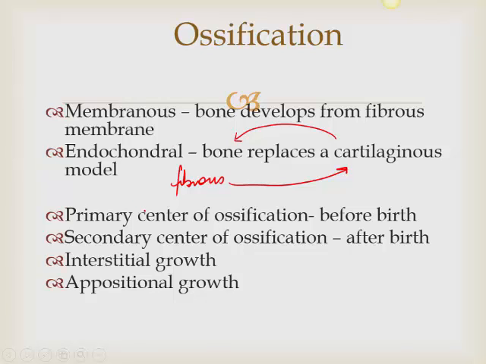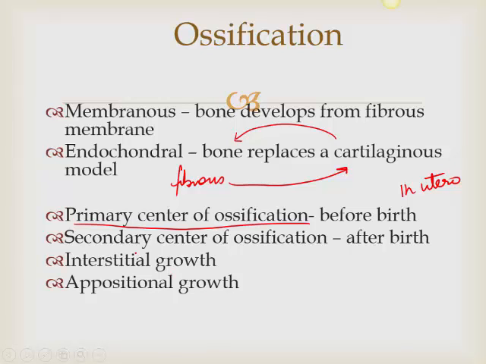Now the first place that this ossification begins is called the center of ossification. The first place that ossification occurs is known as the primary center of ossification. In most bones this is seen before birth, or in utero. That means in uterine life, when the fetus is still inside the uterus.